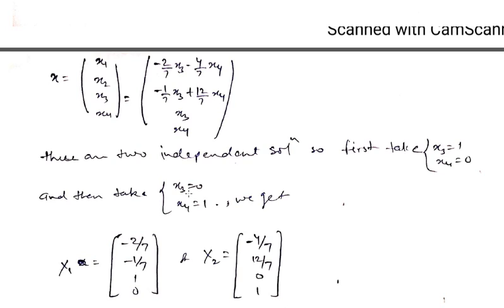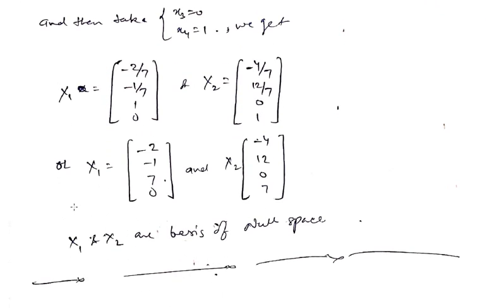When x4 is 1 and x3 is 0, we get another solution vector X2 = (−4/7, 12/7, 0, 1). These vectors can be written as (−2, −1, 7, 0) and (−4, 12, 0, 7). So in this way we calculate the basis of the null space.